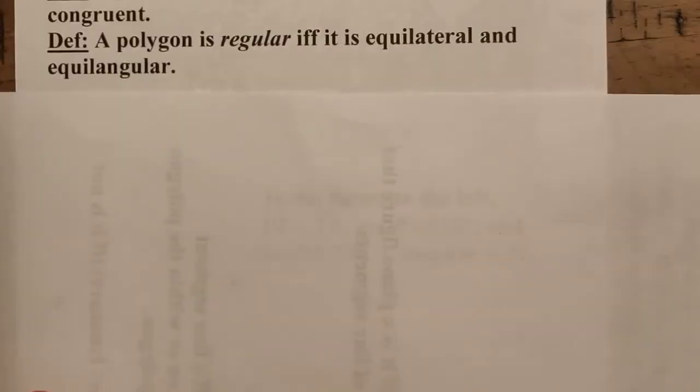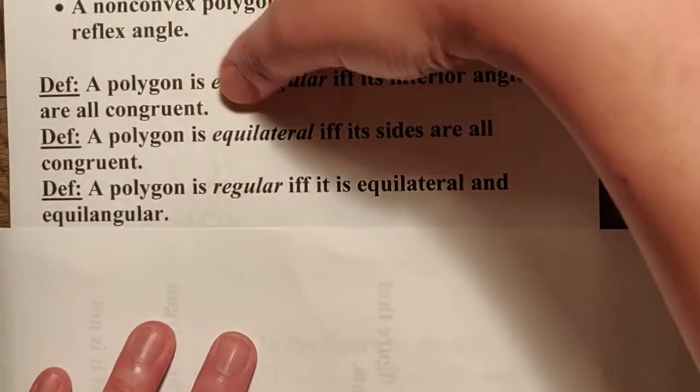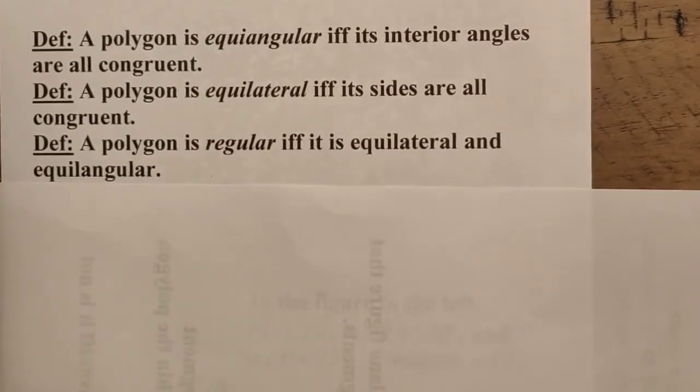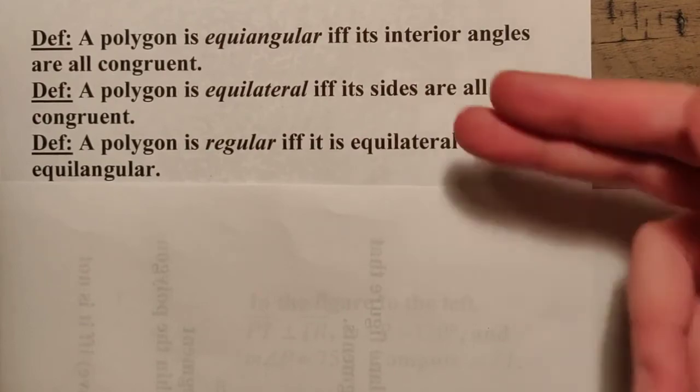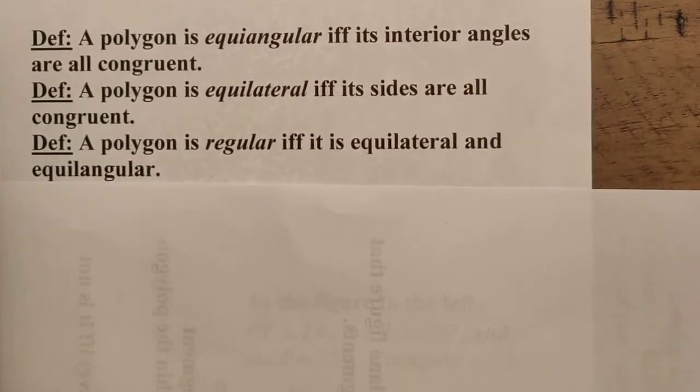There are three last things I want to talk about before we move on to the last part. We talked about equiangular and equilateral before when it came to triangles, and we can apply those definitions to these polygons. An equiangular polygon is one where all the interior angles are congruent, and an equilateral polygon is one where all the sides are congruent.